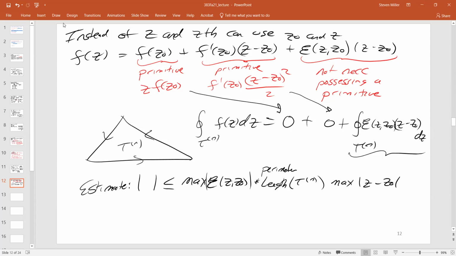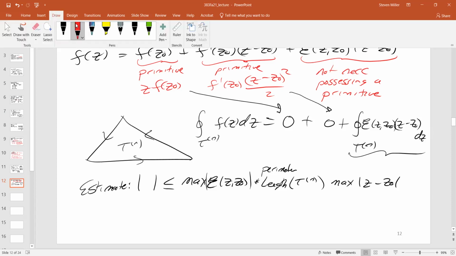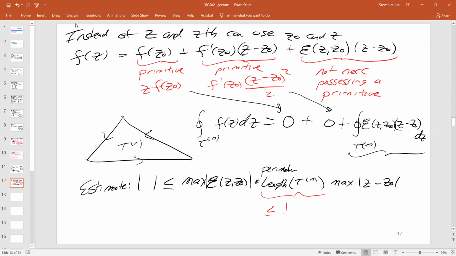Well, what's true about the length of Tn? We know that it's getting smaller. This is going to be less than or equal to 1/2 to the n, the length of the original triangle. And then the max is going to be less than or equal to 1/2 to the n, like the diameter of the original triangle, because each one is getting smaller and smaller.